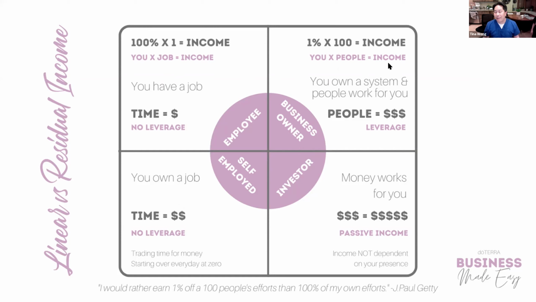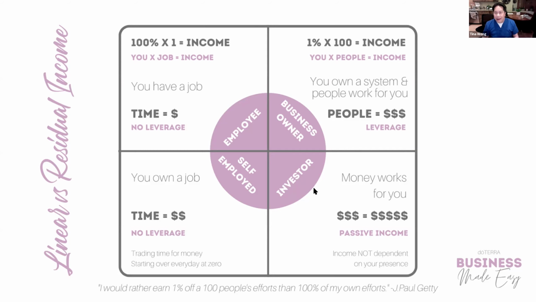So you actually have potential for more income. You might only get 1% or 10% of your own efforts, but you get a percentage of all your people working. So your people working gives you maybe 3 times as much money, and you have leverage. That means that you have other people working for you, and your income can grow.